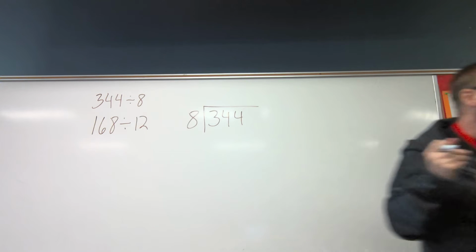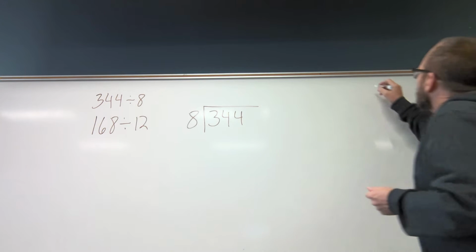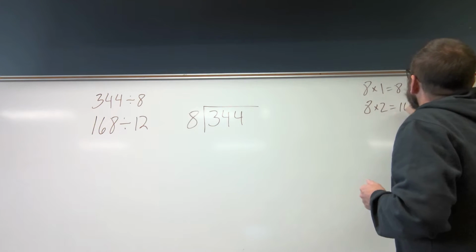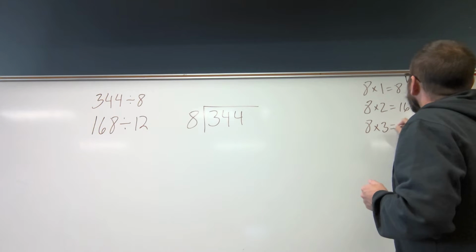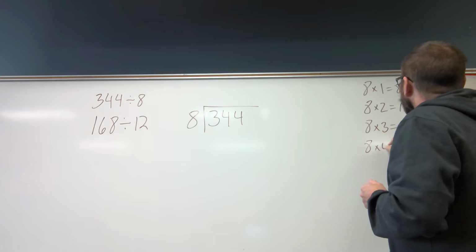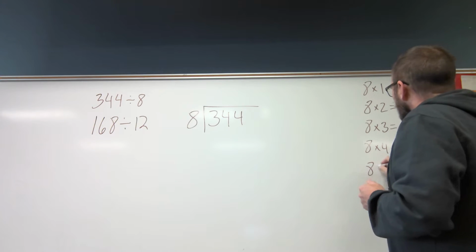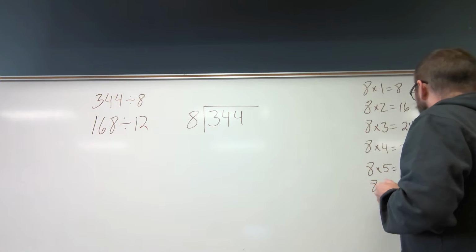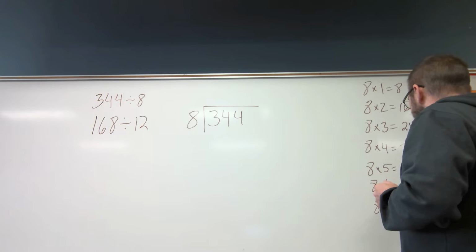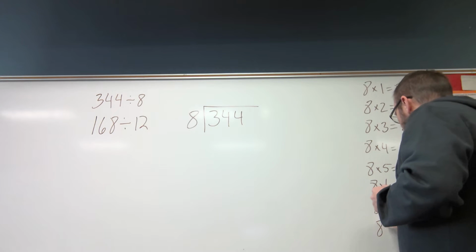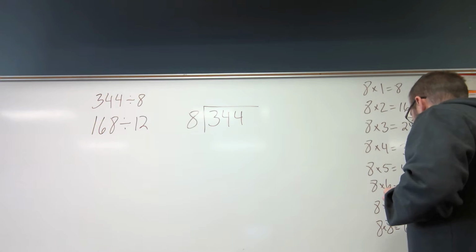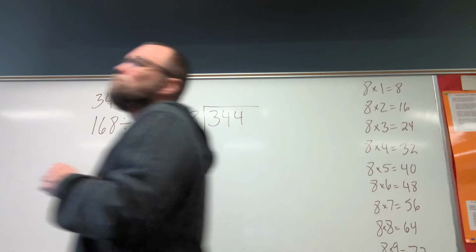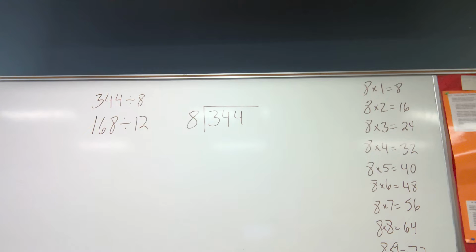And I'm going to do this every time. 8 times 1 is 8. 8 times 2 is 16. 8 times 3 is 24. 8 times 4 is 32. 8 times 5 is 40. 8 times 6 is 48. 8 times 7 is 56. 8 times 8 is 64. And 8 times 9 is 72. That is the most difficult part of division right there.